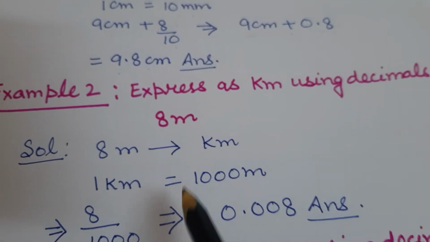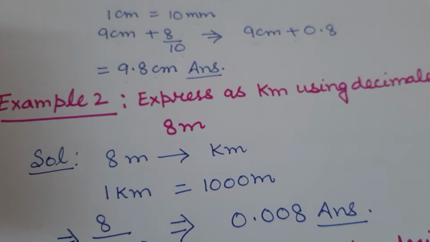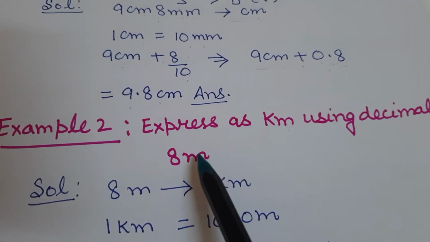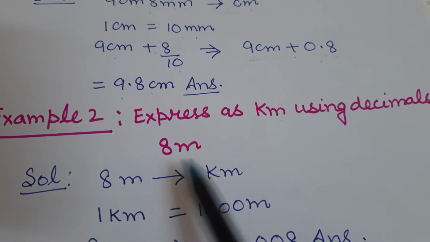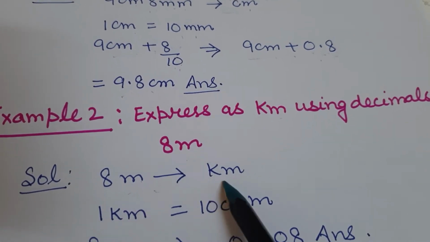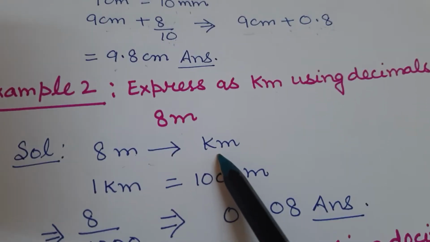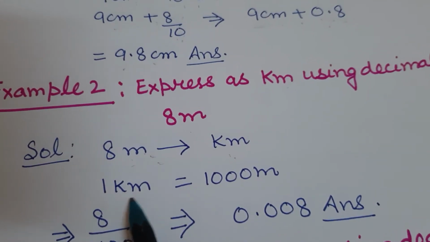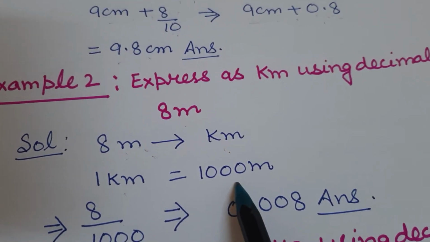Similarly, next example, again the method is the same, just the units are changed. Now you have to convert meters into kilometers. 8 meters into kilometers. So first we will write their relation. 1 kilometer is equal to 1000 meters.